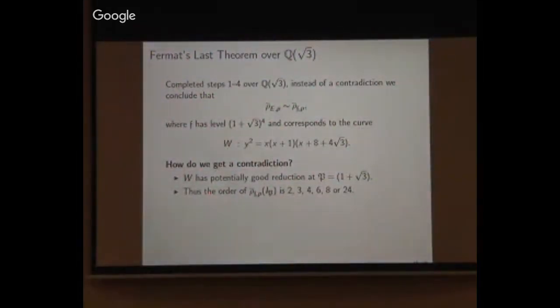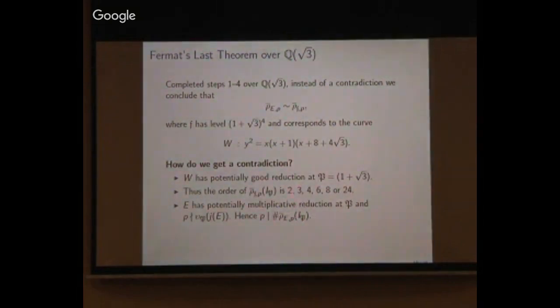It doesn't matter if you don't know what this means, but what matters is that we conclude from this fact that there is a subgroup of the absolute Galois group, which we call the inertia group at this prime, such that the image of the Galois representation at that subgroup must be of order 2, 3, 4, 6, 8, or 24. On the other hand, we look at the other curve, and it has potentially multiplicative reduction and satisfies some extra technical condition. But this implies that the image of exactly the same group must be of order divisible by p.